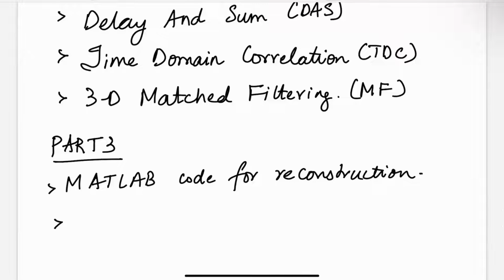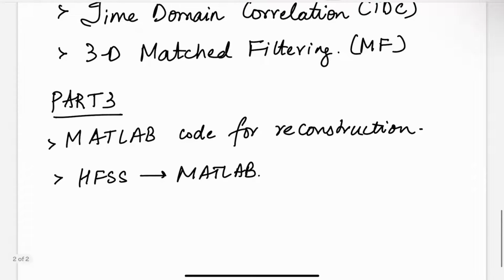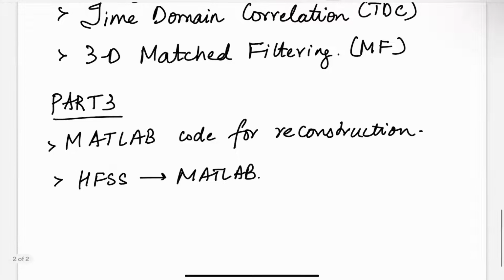So let's say I just make up a target of some point targets. And then I'll show you HFSS to MATLAB. So if I have some random target, I can download a 3D model of a tank or a plane or a hidden weapon like a gun. And then I'll show you how to simulate SAR data in HFSS.